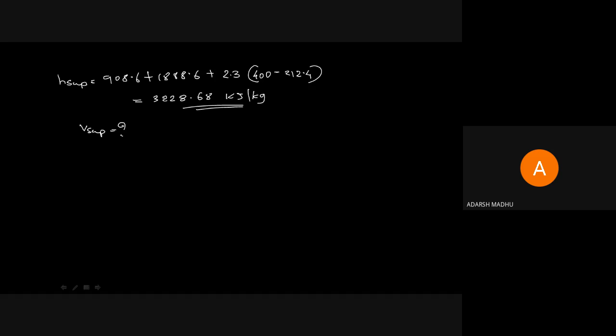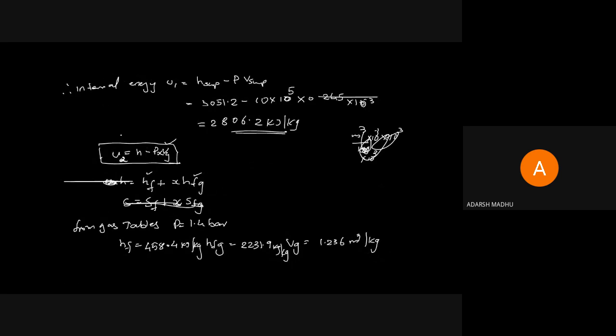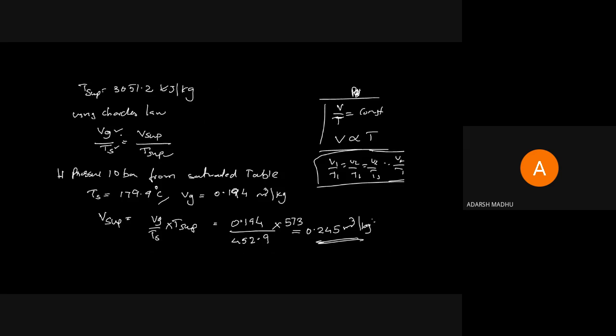For the last problem, we used Charles law to find the value of V superheat, right? Take the last problem in your notebook. Here we use the same equation, Charles law, to find the value of V superheat. The same method we can adopt here.